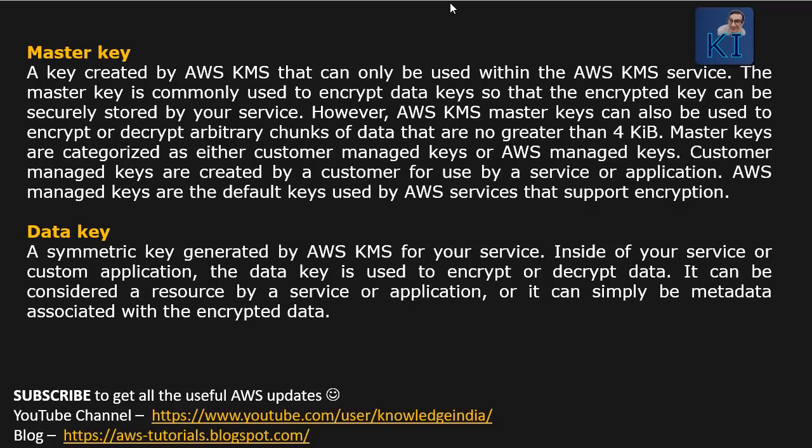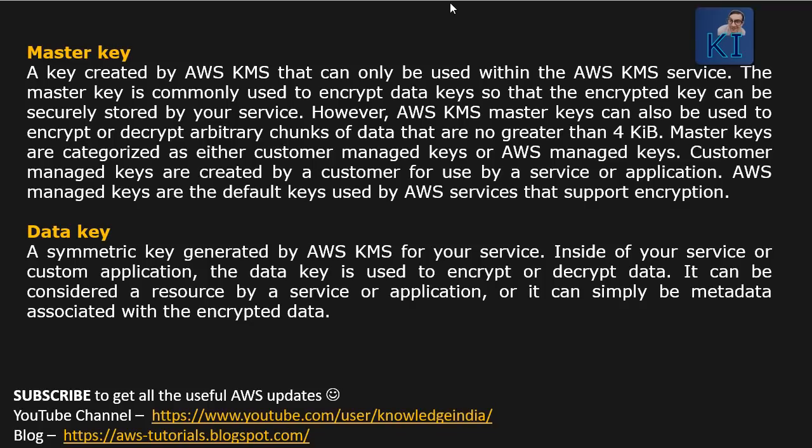Understand that both the master key and the data key support symmetric encryption, and hence you will have one key which will be used for both encryption and decryption. The key difference between the two is that the master key never leaves the KMS system, whereas the data key leaves it. The data key is the one which is actually used for encryption of your data. Let's take an example.